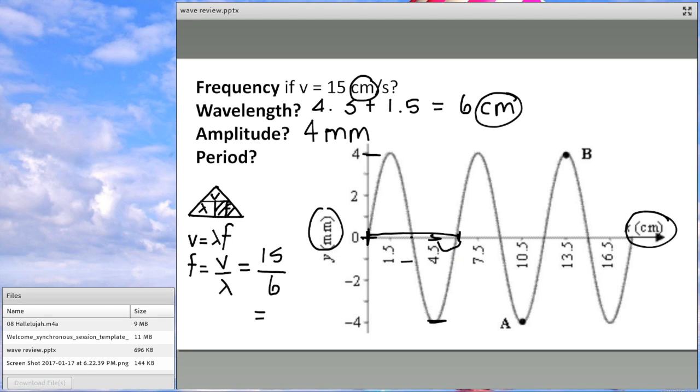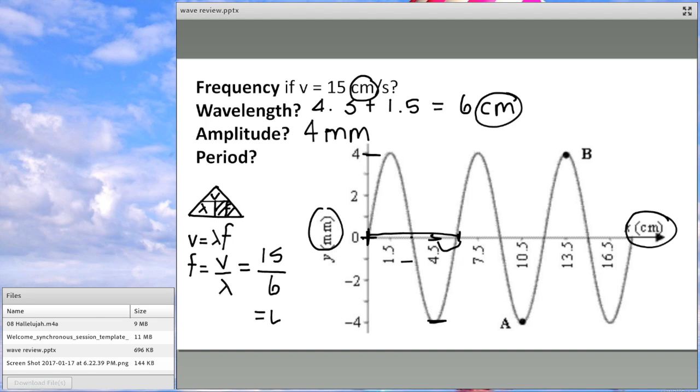Okay, so now I'm going to put this in my calculator. I'm going to use the calculator on my phone so I don't have to bring it up on the computer. Let's see. 2.5. I think I'd be able to figure that out.